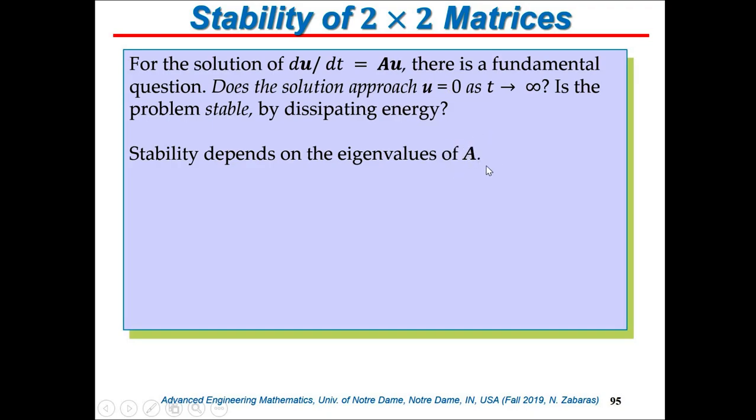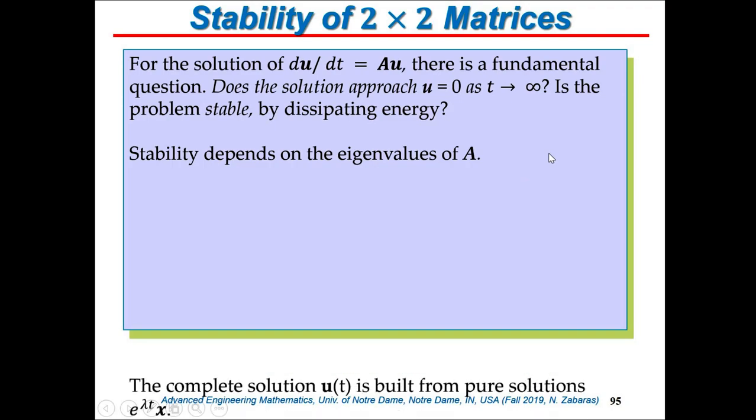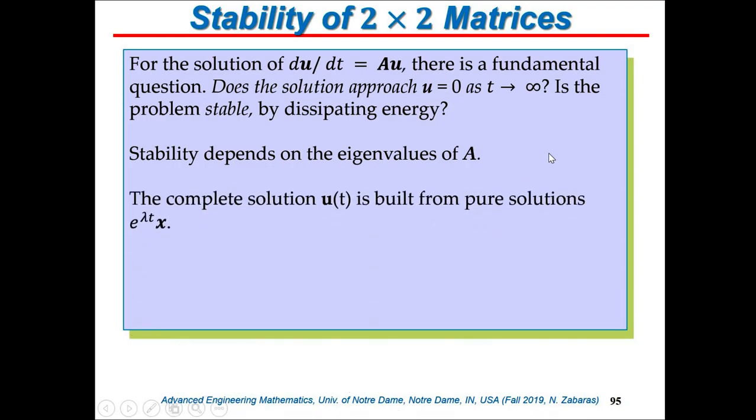And again, we said that the solution depends on the eigenvalues of this matrix A, because the solution consists of terms of the form e to the lambda t x. So depending on the values of lambda, this term will either go to infinity or it will decay towards 0.